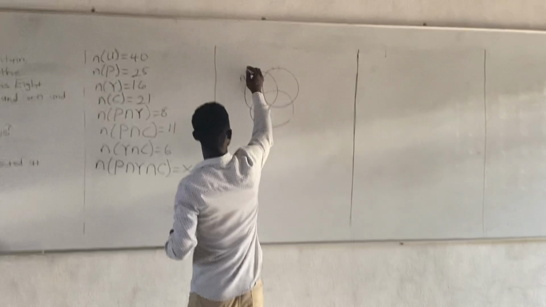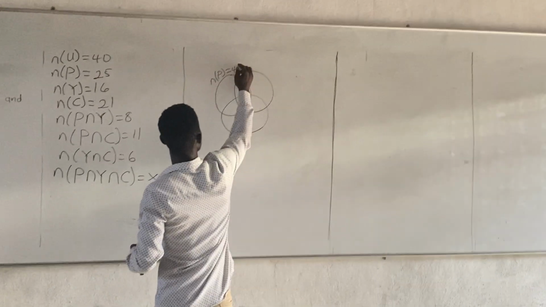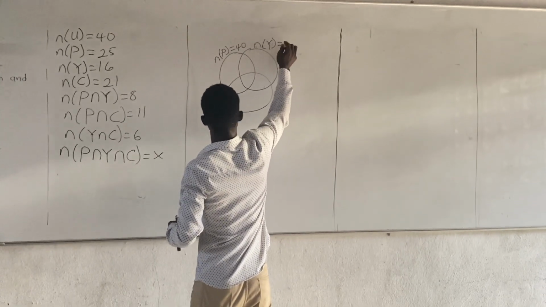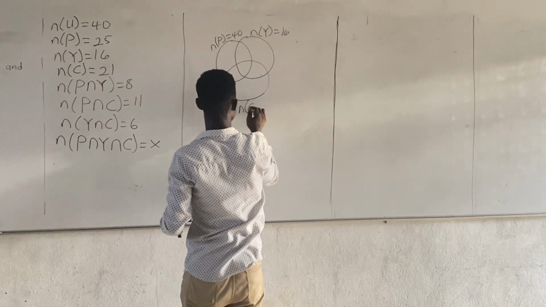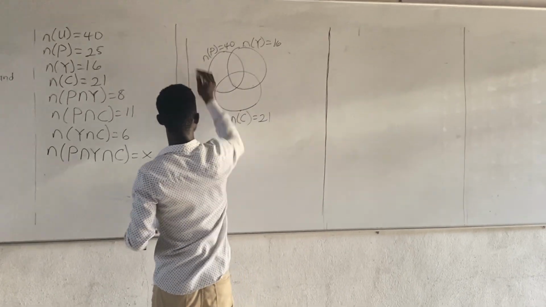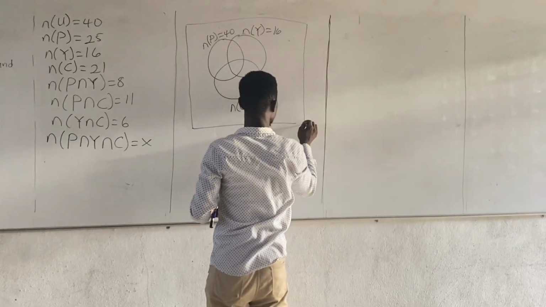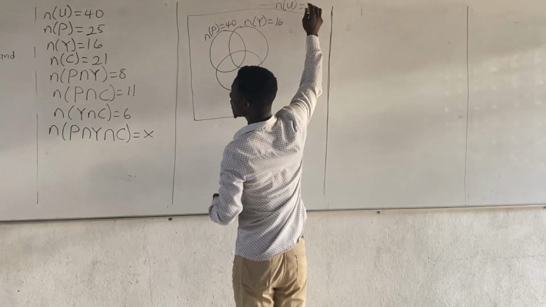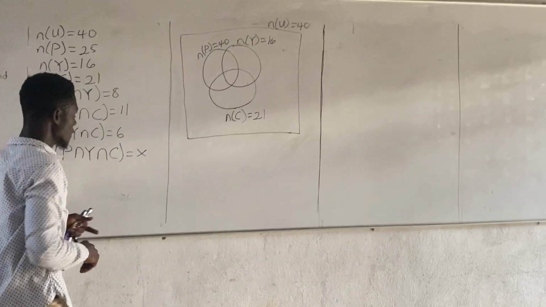You have number of P to be 25, number of Y to be 16, number of C to be 21. This is your universal set, number of U equals 40.